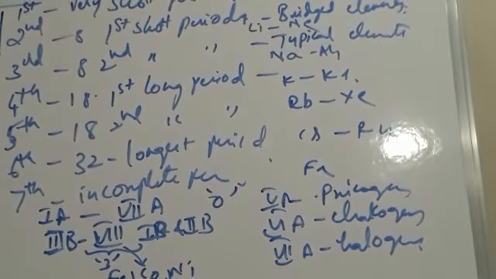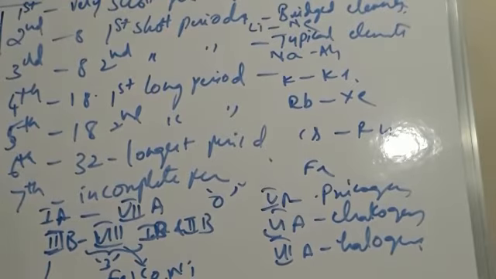Including these 3 columns, a total of 10 B groups are there, which come under transition elements. The third B group is the longest group. It contains transition elements and also inner transition elements.